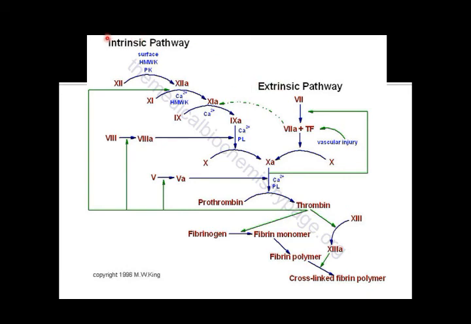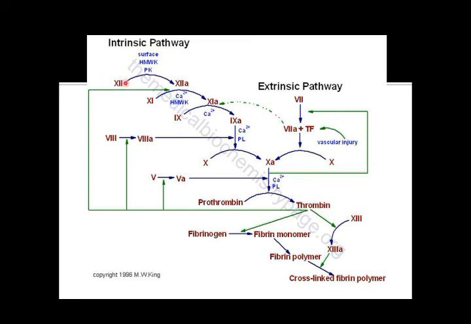So as far as the intrinsic pathway goes, this occurs when there's exposure of subendothelial collagen. And so vascular damage for sure, vascular trauma. When factor 12 comes across exposed subendothelial collagen, it will activate.